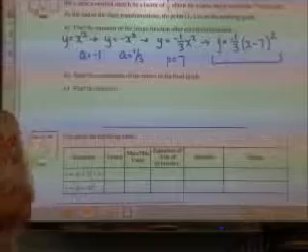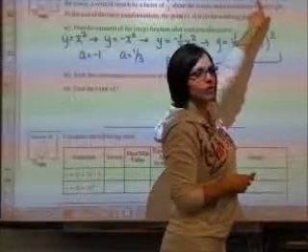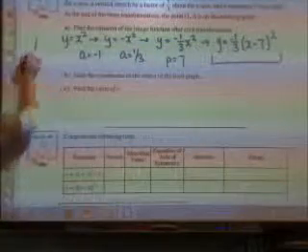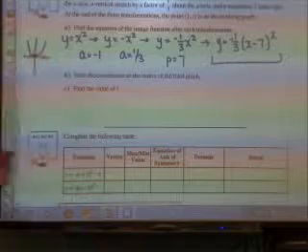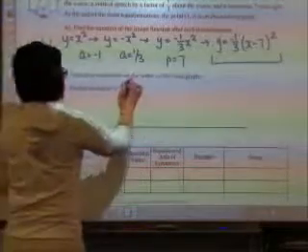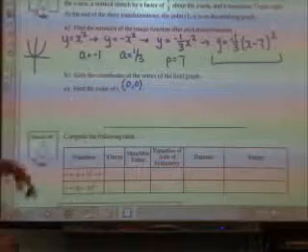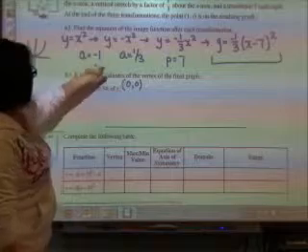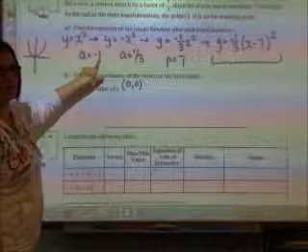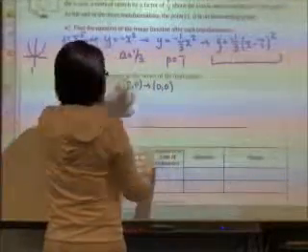Now it says state the coordinates of the vertex of the final graph. So the vertex of the original graph is what? y equals x squared looks like this. So where does the vertex go through? 0 and 0. So I start off with 0 and 0. If I multiply my y value by a negative 1, I still get 0 and 0.